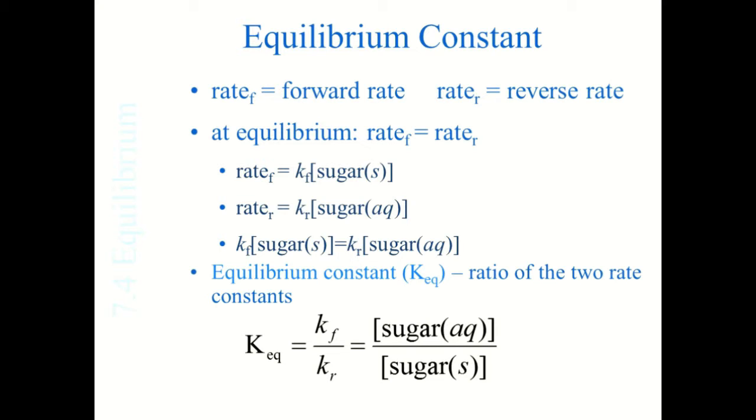So this is how the forward reaction and the reverse reaction work. The rate of the forward reaction would be Kf times the sugar concentration. The rate of the reverse reaction would be Kr times the sugar. If you put those two together and divide them, you get an equilibrium constant, which is equal to Kf over Kr, which is equal to the sugar aqueous over sugar solid.